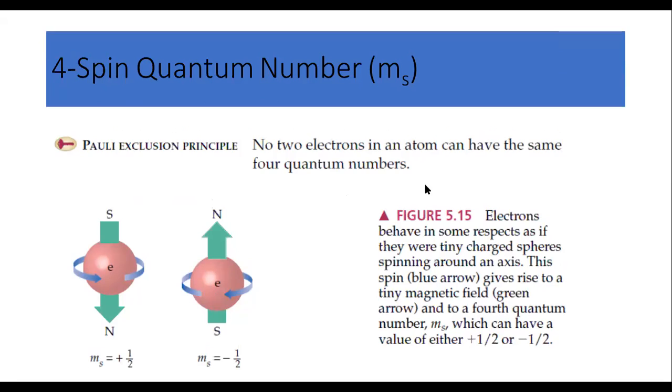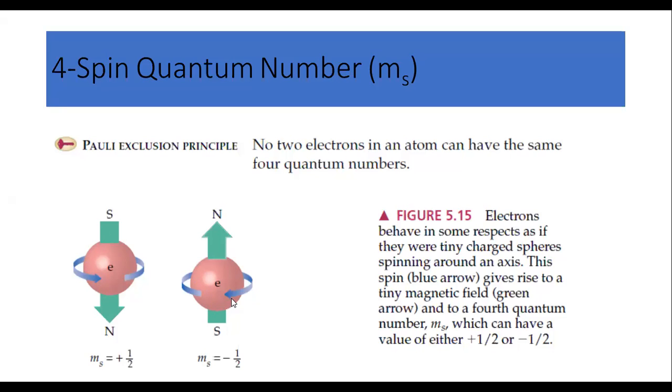I'm going to explain what the spin quantum number is. Actually, this is the electron, and the electron may move in a clockwise rotation around an axis, and it may rotate anti-clockwise around an axis.